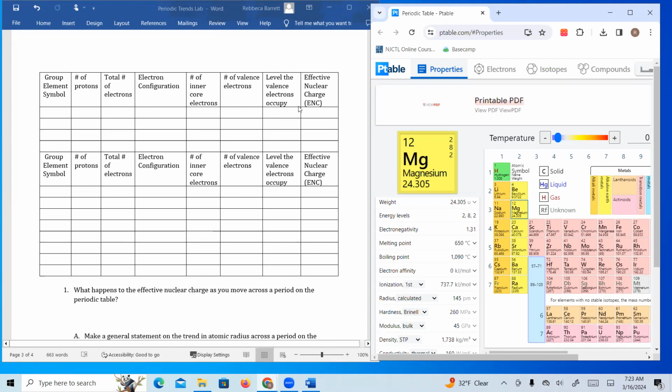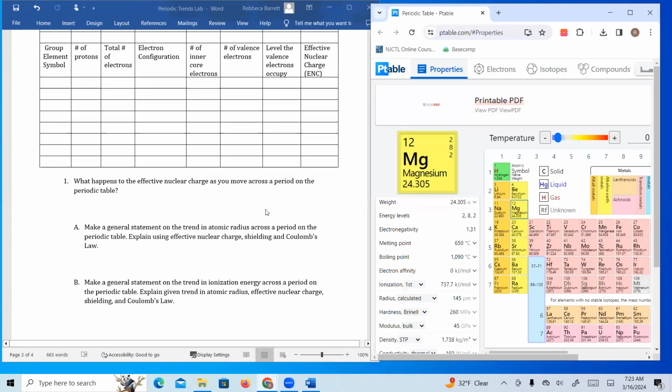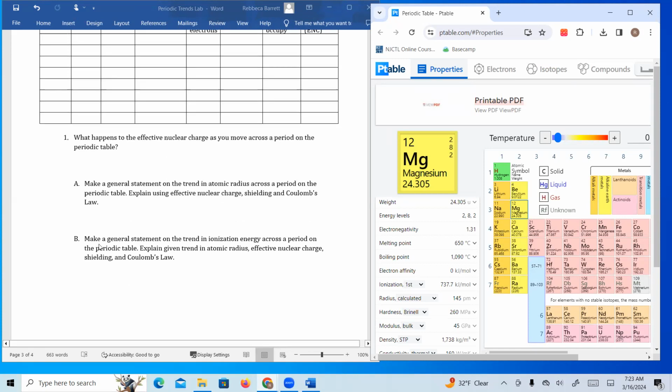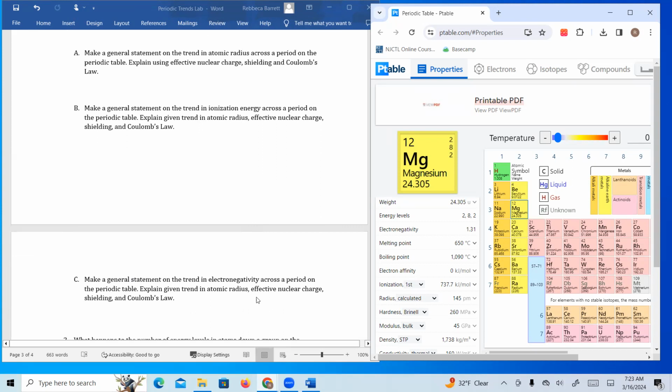Okay, now, once you know all of these effective nuclear charges, you're going to make some observations about what happens to the effective nuclear charge first as you move across a period, and then make a general statement on the trend in atomic radius, in ionization energy, and in electronegativity, using the data you recorded in the first 2 data tables, as well as what you now know about effective nuclear charge.